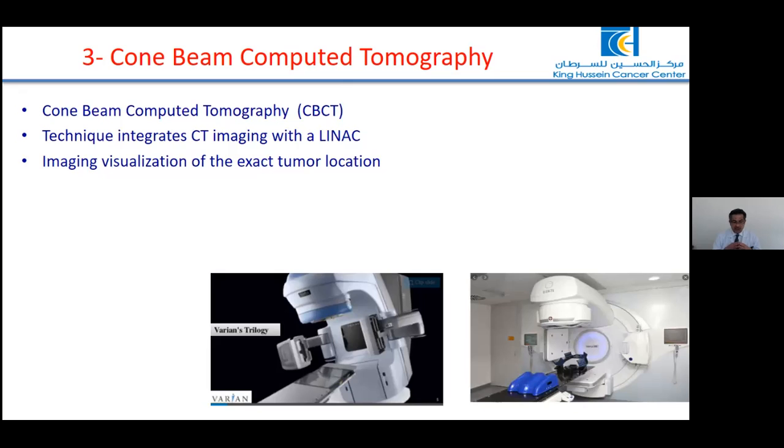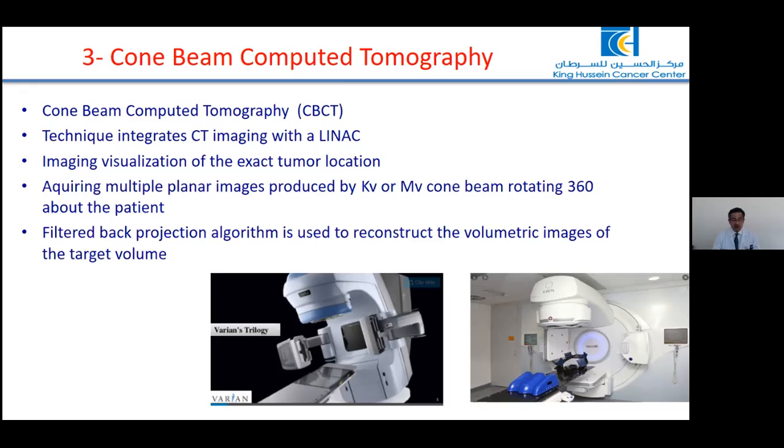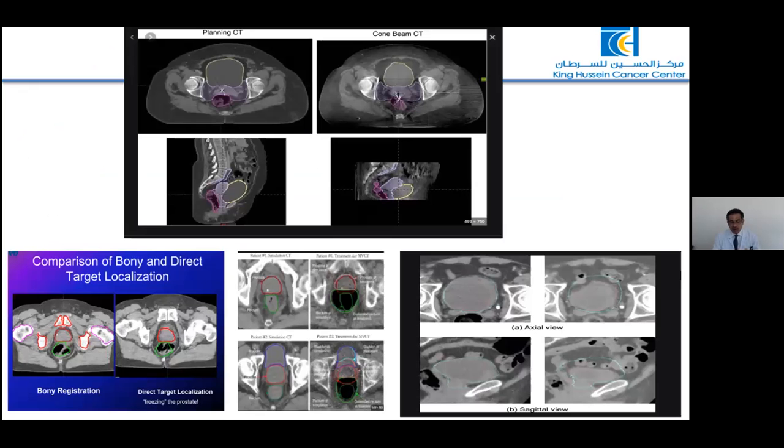It is the technique which integrates the CT images with a LINAC and allows visualization of the exact tumor location, where multiple planar images are acquired by both KV and MV, with the cone beam rotating 360 degrees around the patient. A filtered back projection algorithm is used to reconstruct the volumetric images of the target volume, and this is how we compare the planning CT with the cone beam CT and make some adjustments.